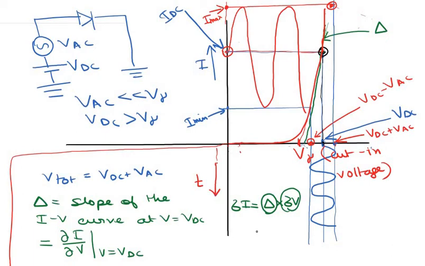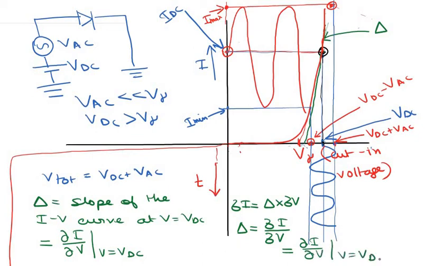So this delta is basically delta I by delta V, and in the limit that delta V tends to 0, this becomes del I del V at V equal to VDC.